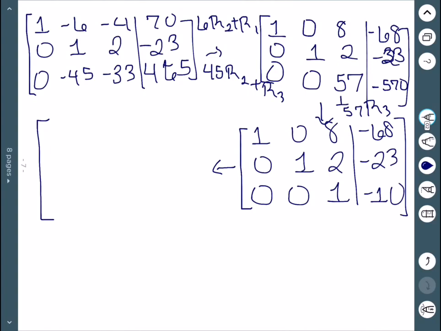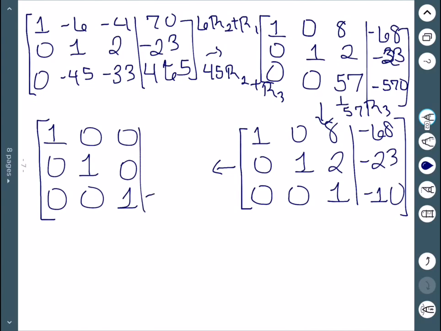Finally, we want to get a 0 in all other entries in that column. In order to do this, we'll have to do a negative 8, row 3 plus row 1. That would give us a 1, a 0, and a 0.